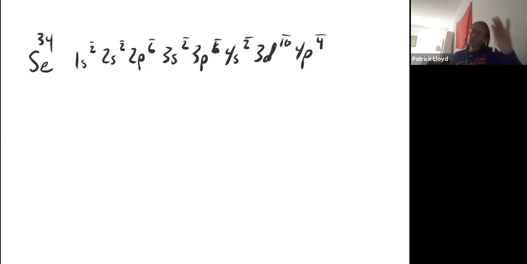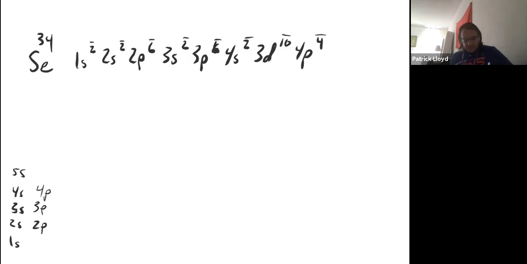Then we have to check the order of the orbitals. Remember the order of the orbitals? 1s, 2s, 2p, 3s, 3p, 4s, 3d, 4p, and so on.